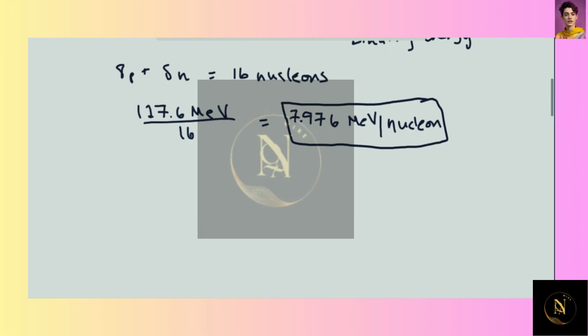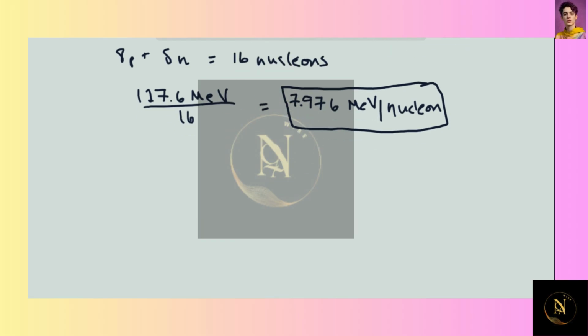And finally, if I find it in units of kilojoules per mole, I know that it's 127.6 mega electron volts per atom, and that there are 6.02 times 10 to the 23rd atoms per mole.